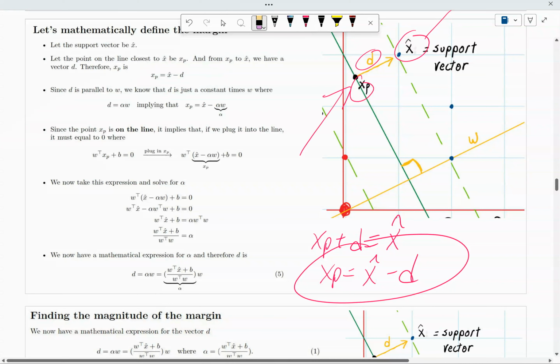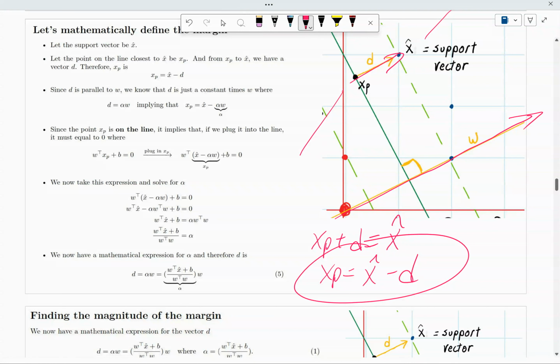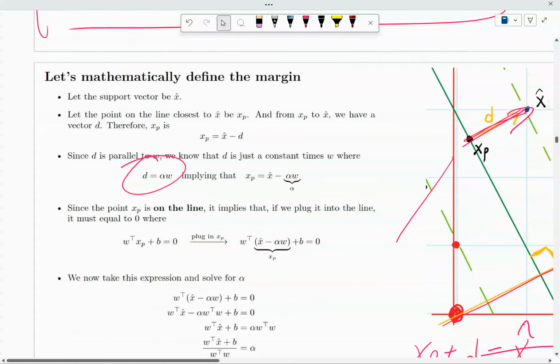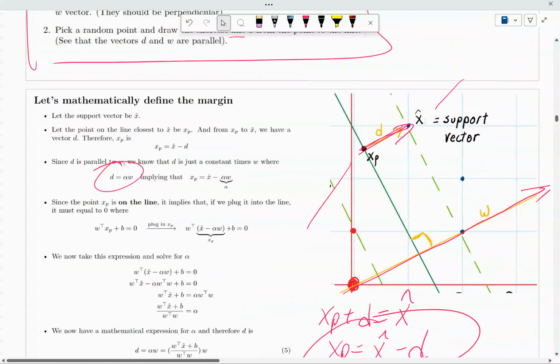Now remember, this distance d is parallel to w, pointing in the exact same direction. Therefore, d is really just w multiplied by some constant. If you take w and multiply it by some value, compressing it, it's going to look just like d.